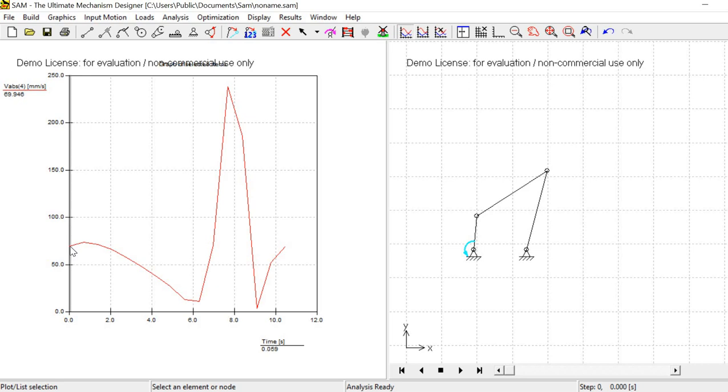In the first point you will get the velocity. As I bring this, you can see the velocity over here is changing. So at 0 time seconds, it will show the value 69.612. So you can directly check, as when theta is equal to 85, it should be equal to 69.612.